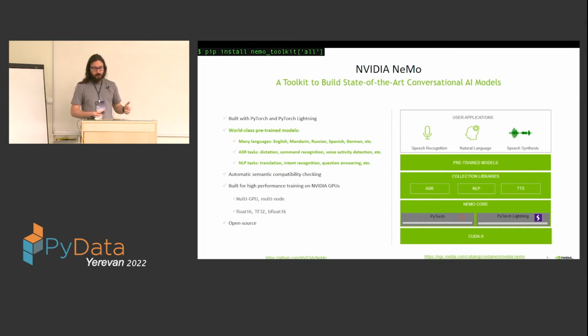So the NeMo core is built on these two frameworks, and then we have so-called collections libraries for specific tasks like ASR, NLP, and TTS. Then for these collections, we have pre-trained models. And with all this stack, you can build your own speech applications, or just NLP.